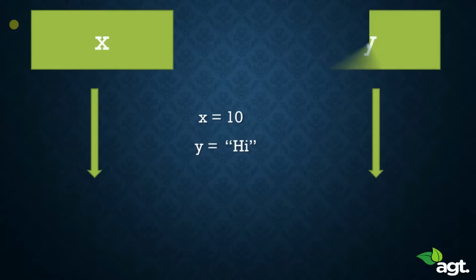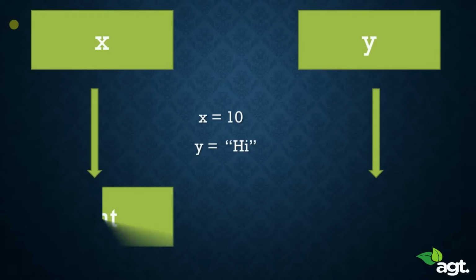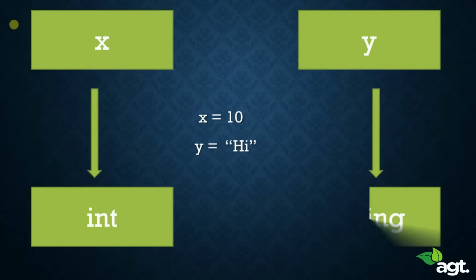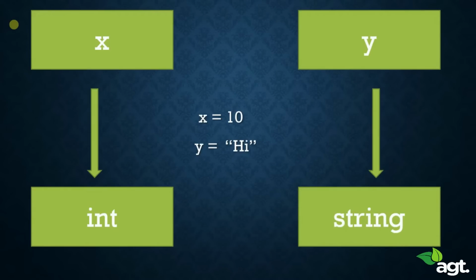Now X and Y are 2 variables, but these 2 variables are of different data types. Our X is an integer data type because it stores an integer. 10 is an integer. X stores the value of 10 in it. So X is an integer variable. Now Y on the other hand is a string because it stores a word. Hi is a word.